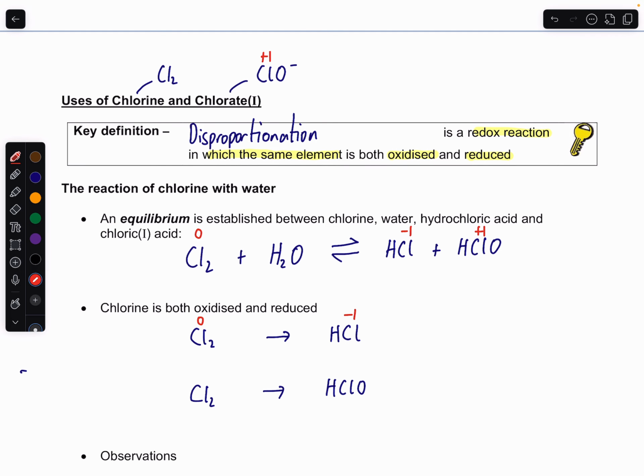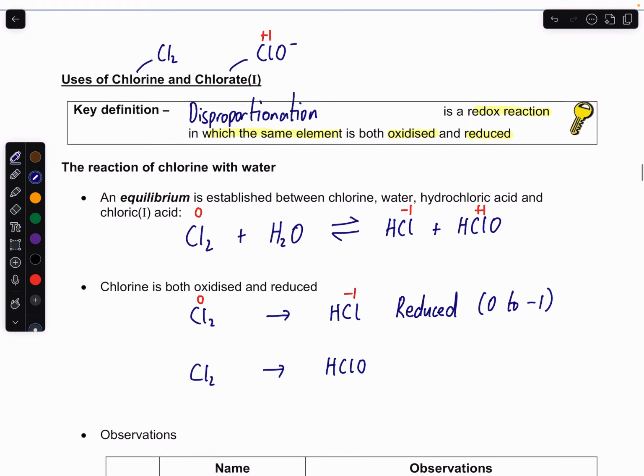So if we think about the two products that contain chlorine separately, and what has happened there in terms of oxidation and reduction: the chlorine going to hydrochloric acid, we're going from 0 to -1, the oxidation state has become more negative, which means that this is reduction, or the chlorine has been reduced, because it's gained electrons.